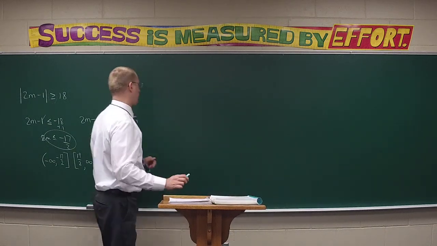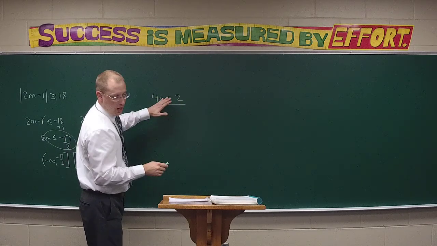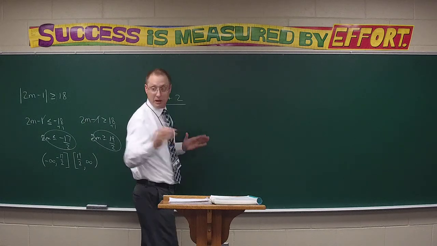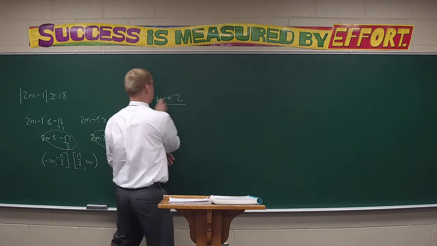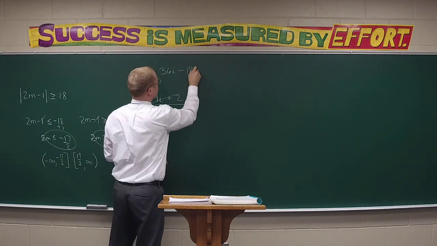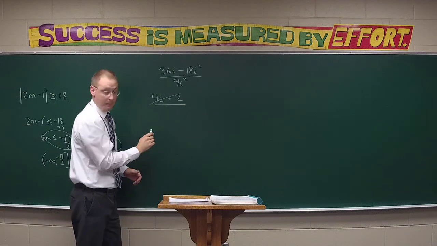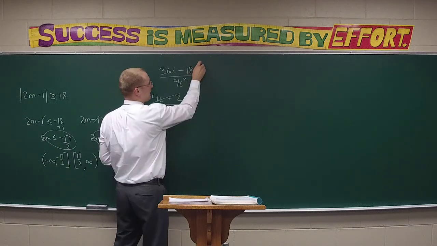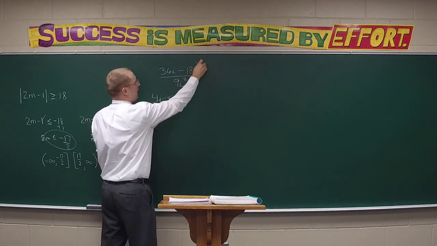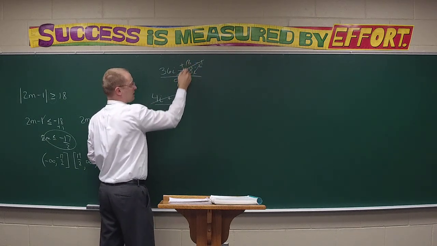Ah, okay, I know what the problem is. So you got to a 4i positive 2 in the numerator, and you had it, because initially you multiplied top and bottom by i, right? Let me just kind of go back. That gave you a 36i negative 18i squared all over 9i squared, correct? We knew that i squared becomes negative 1, and negative 1 times negative 18 becomes positive 18.